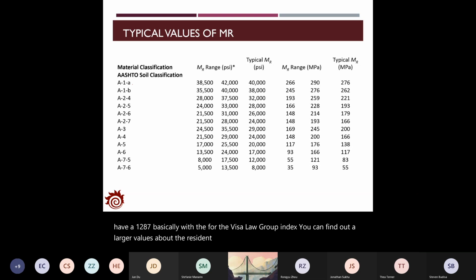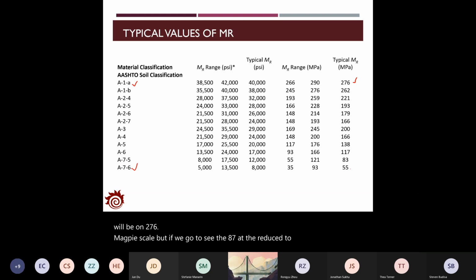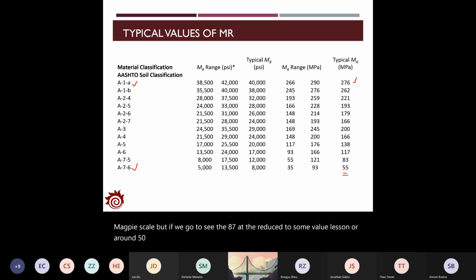For A1A, the typical value of the MR will be 276 megapascal. But if we look at A7, it's reduced to some value less than or around 50 megapascal. So this indicates that the material is softer and it may be too weak to support the traffic load.